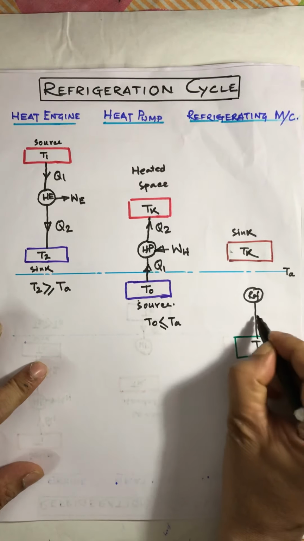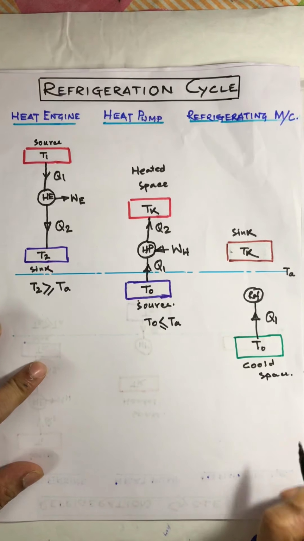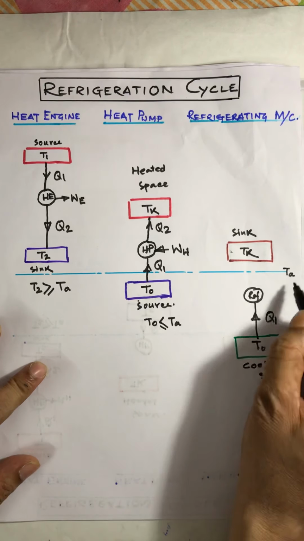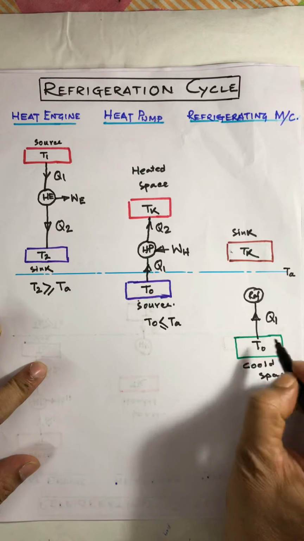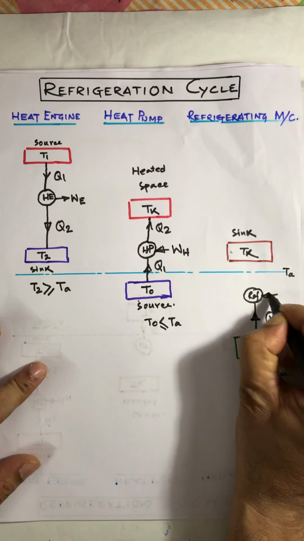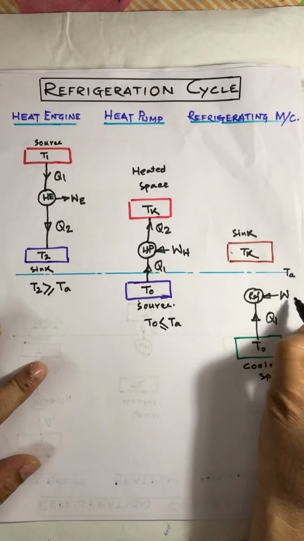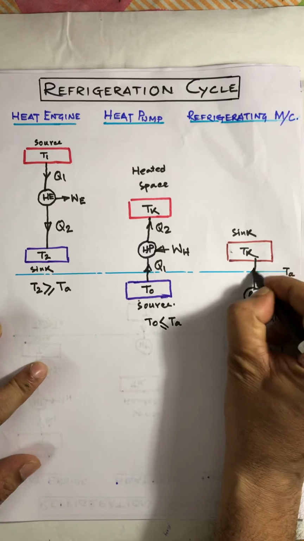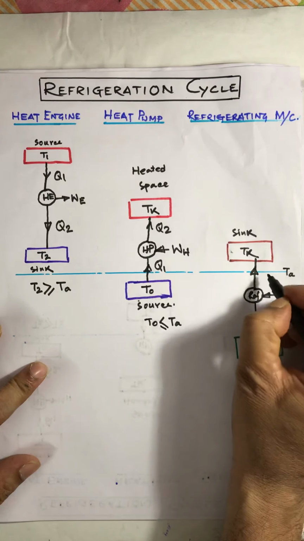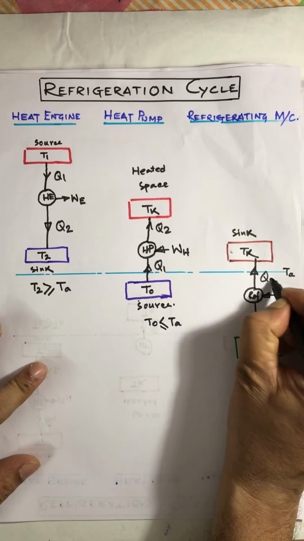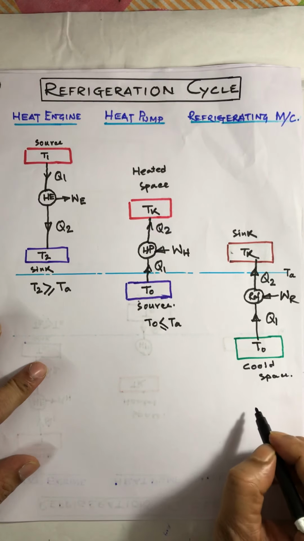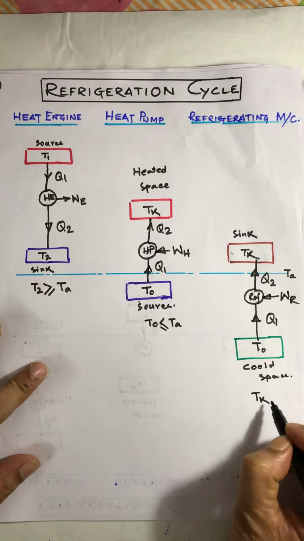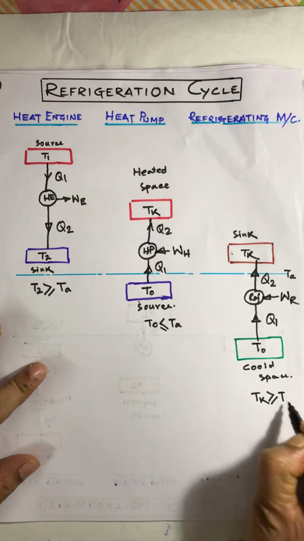Say Q1 amount of heat will be extracted from this cold space to maintain the T naught temperature, which is less than that of TA, and that is why we have to invest WR, and the device will reject heat to the sink at Tk. For that case, Tk is greater than or equal to TA.